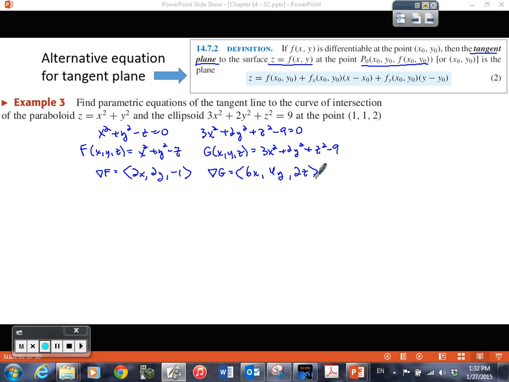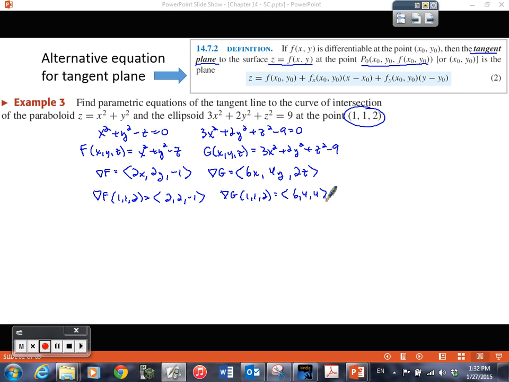Let's evaluate those two gradients at our point of interest, (1, 1, 2). The gradient of f at (1, 1, 2) is (2, 2, -1), and the gradient of g at (1, 1, 2) is (6, 4, 4).